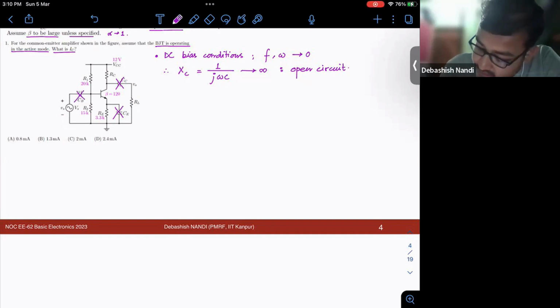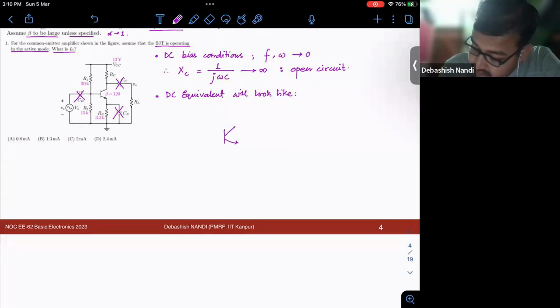So how will your circuit look? The DC equivalent will look like this. You have your transistor, your emitter resistance, your collector resistance, and this kind of biasing network.